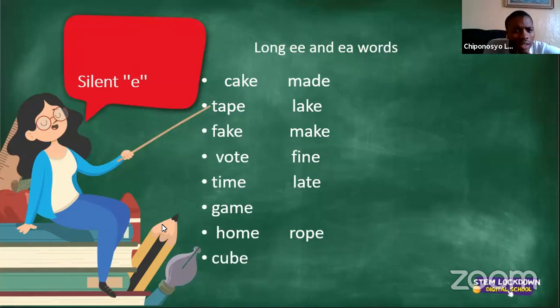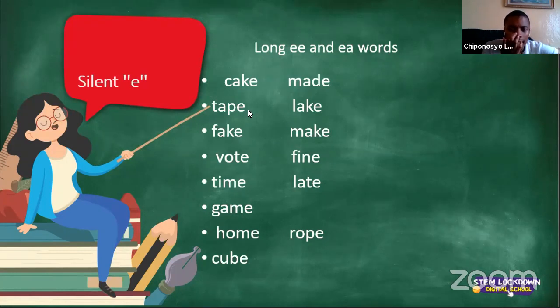Rope. Vote. Rote. You're saying rote. Vote. Oh, vote. Okay. I'll explain the meanings of the words. I thought you had any other question besides the meanings of the words. That's not a problem.